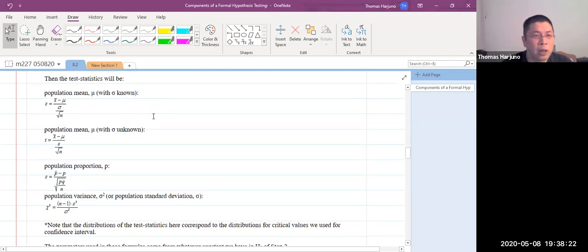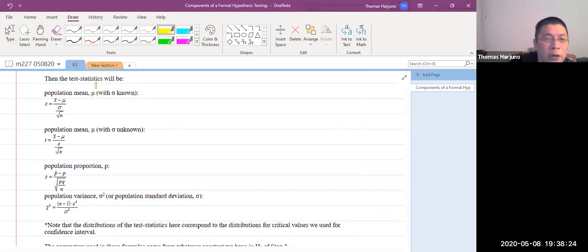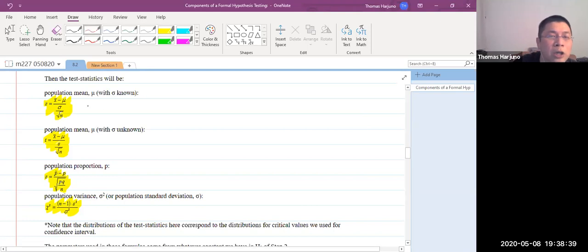Now, this formula here, for population mean with sigma known, population mean with sigma unknown, population proportion, and population variance, is actually closely related to what we learned in confidence interval. In confidence interval, we have margin of error equals critical value times sigma over square root of n.